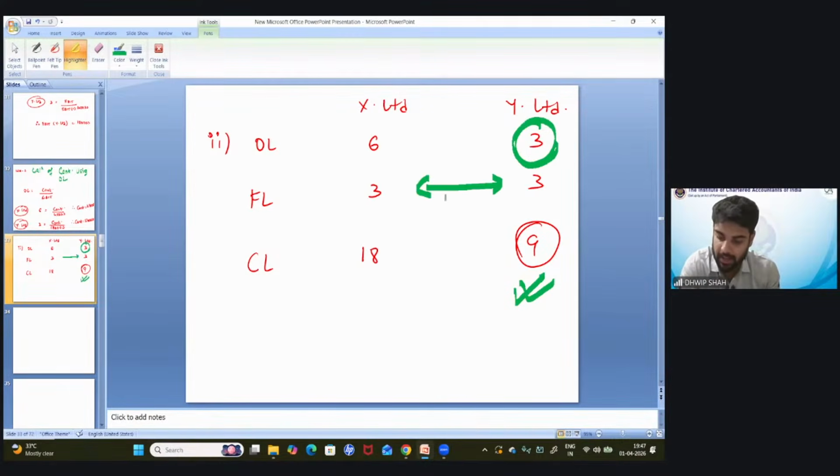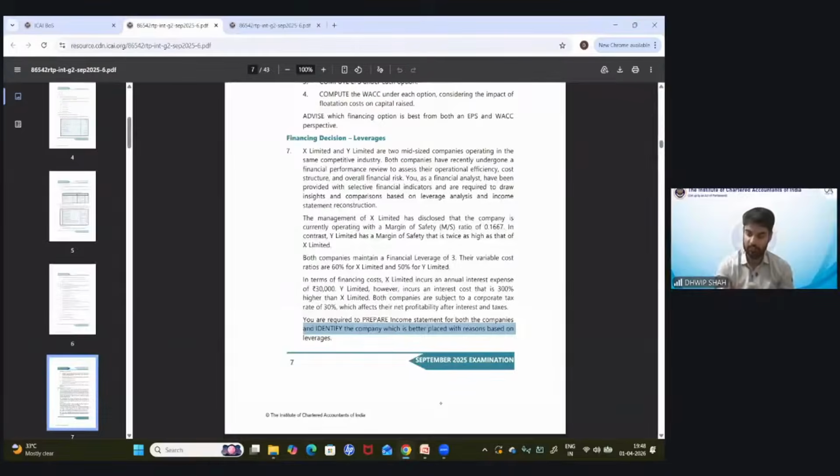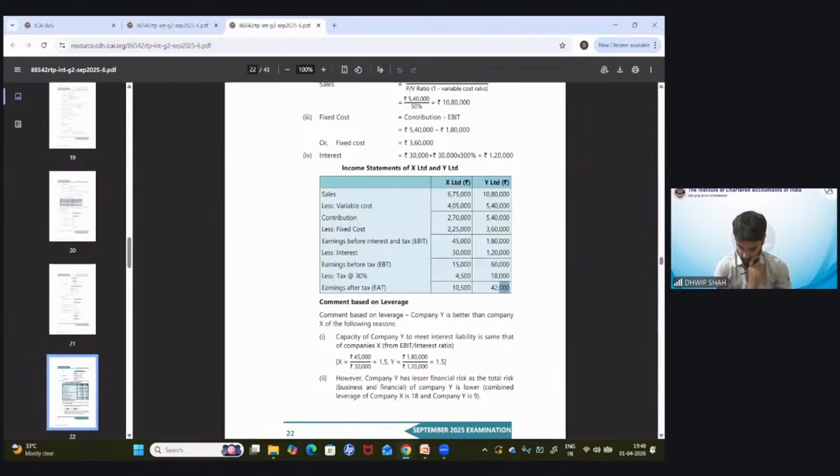Financial leverage is the same in either case, so as far as financial risk is concerned, both are at par. But as far as business risk, operating risk is concerned, Y Limited is less risky. So that's why it is better placed. If operating leverage of Y Limited is lower, financial leverage being the same, combined leverage will be lower overall.